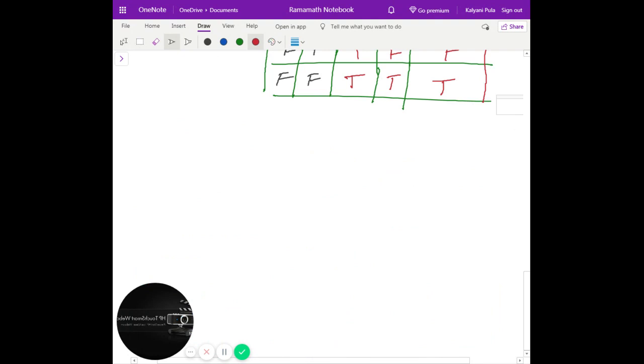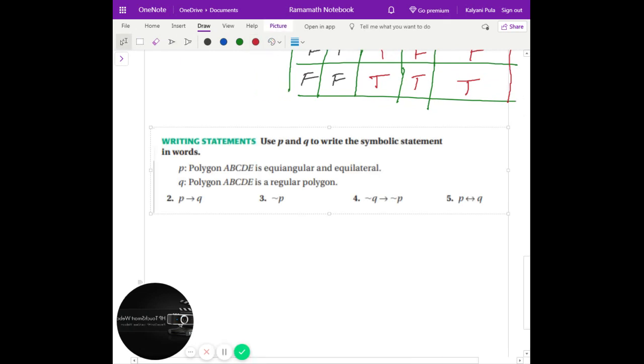Let's try an example and see if that works out. Okay, go ahead and try this one. Amar, read this question for me. Amar, are you there? I'm here. Okay, read the question.